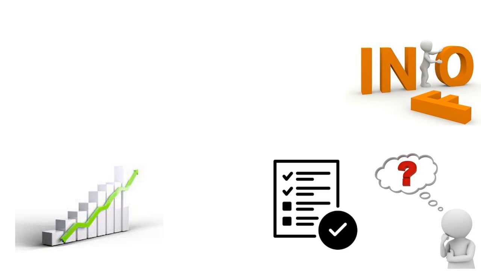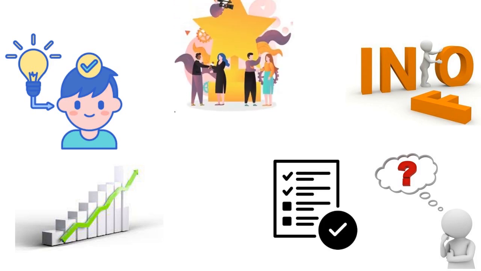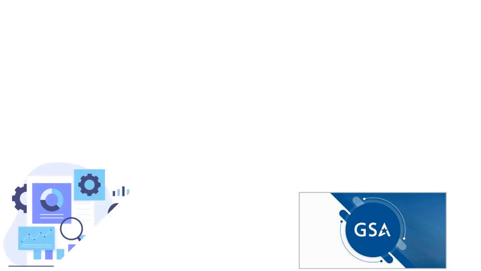And so you want to familiarize yourself with the GSA MAS program, the Multiple Award Schedule program. The GSA pricing policies outline the requirements for establishing competitive pricing, conducting comprehensive market research, and also negotiating discounts effectively.